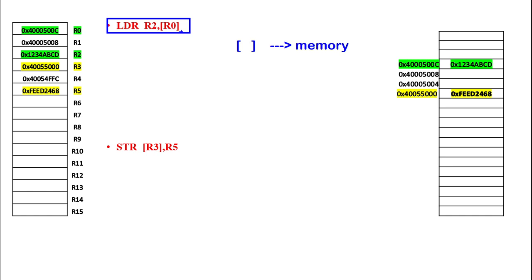Here this is also a memory, and here this is also a memory. Wherever a square bracket is there, it's a memory. So what is the meaning of LDR R2, [R0]? The meaning is: load the data from the memory pointed to by R0 into R2.